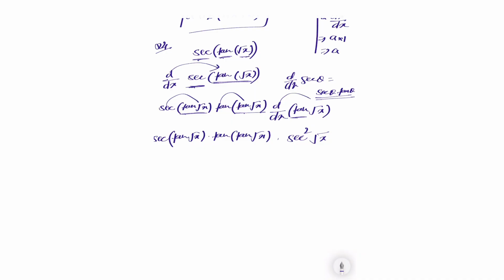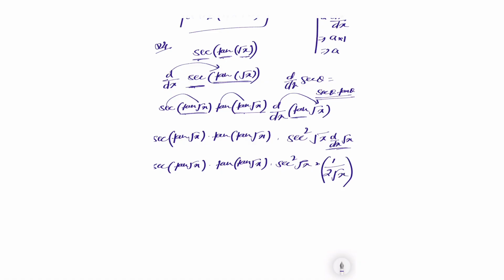Now differentiation will go to the third gate, d/dx of root x. Same as it is, sec(tan root x) into tan(root x) multiplied by sec square root x, d/dx of root x. Yes, look at the formula. d/dx of root x is equal to 1 by 2 root x.